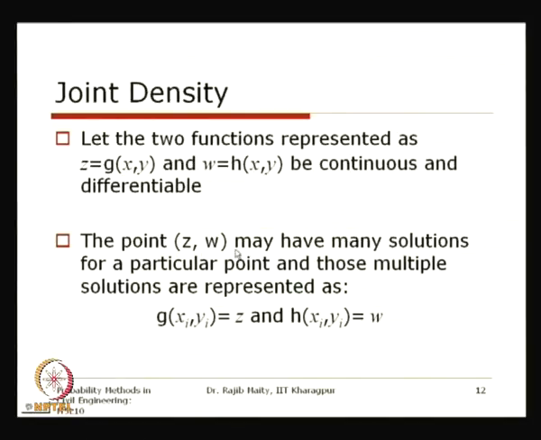Now the point (z,w) may have many solutions, and those multiple solutions are represented as g(xi,yi) equals z and h(xi,yi) equals w. So it can happen that for one combination on the zw plane we could have multiple representative points on the xy plane, denoted by (xi,yi).